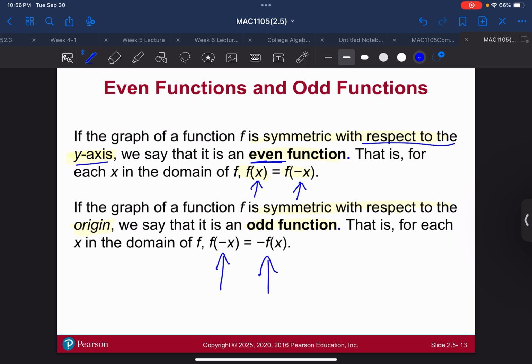So this is exactly the same test, but here it looks a little different, but we're plugging negative x into the function, and then if our resulting function is the same function but everything is negative versions of itself, like each term, opposite signs, then that's how we can tell whether it's an odd function.